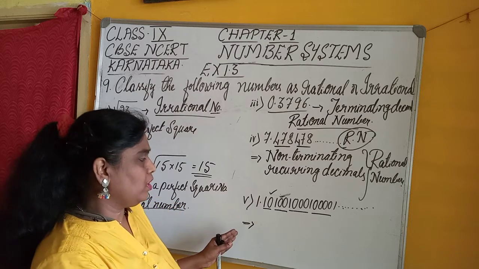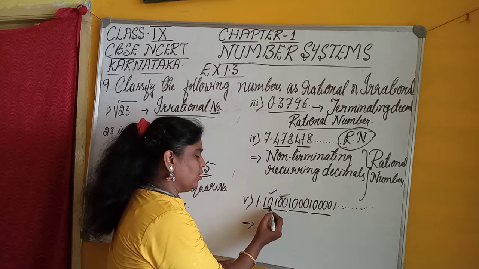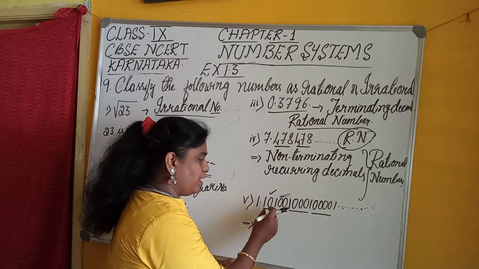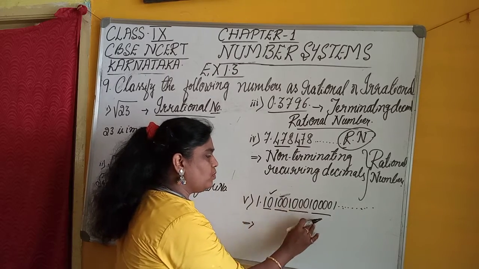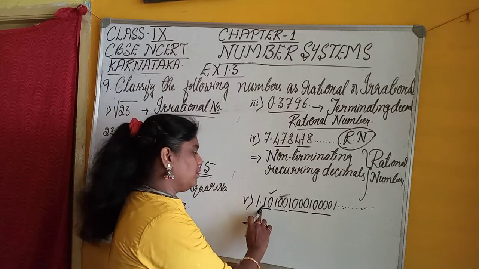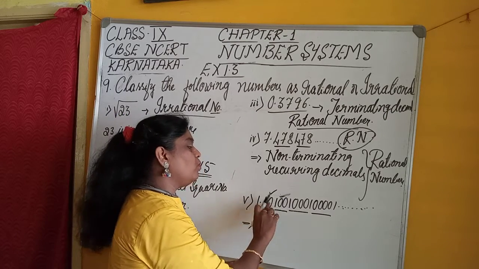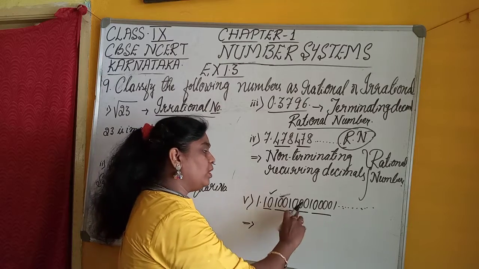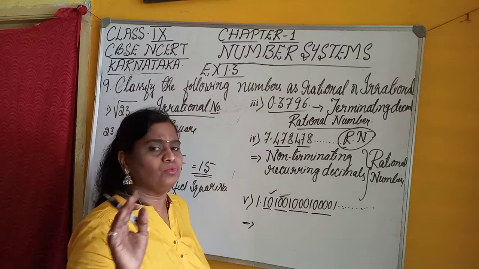Understood? What we came to know here is that the string is 1 0. If it were repeating, it would mean 1 0 1 0 1 0 1 0 1 0 should be there. But it is not repeating. Here 1 0 is there, after that 1 double 0, after that 1 triple 0, after that 1 and 4 zeros.